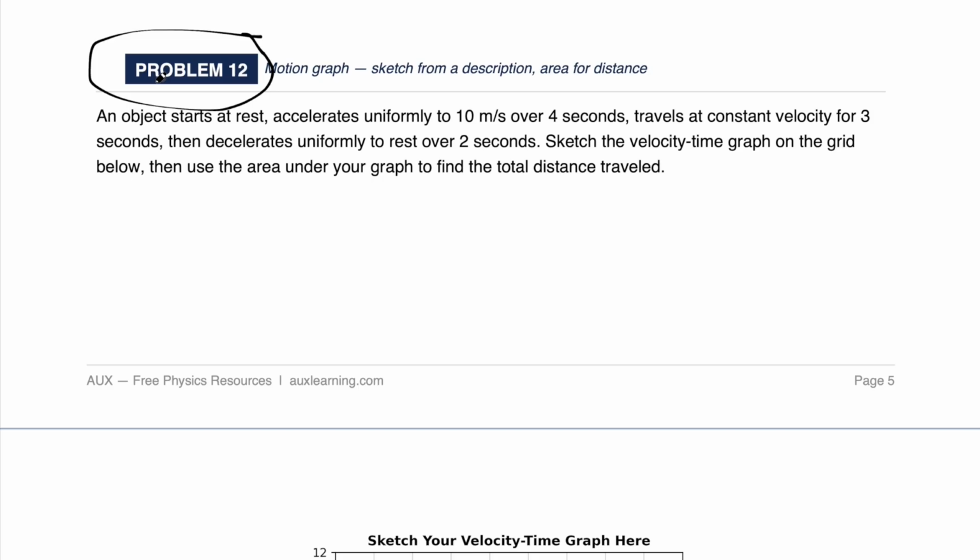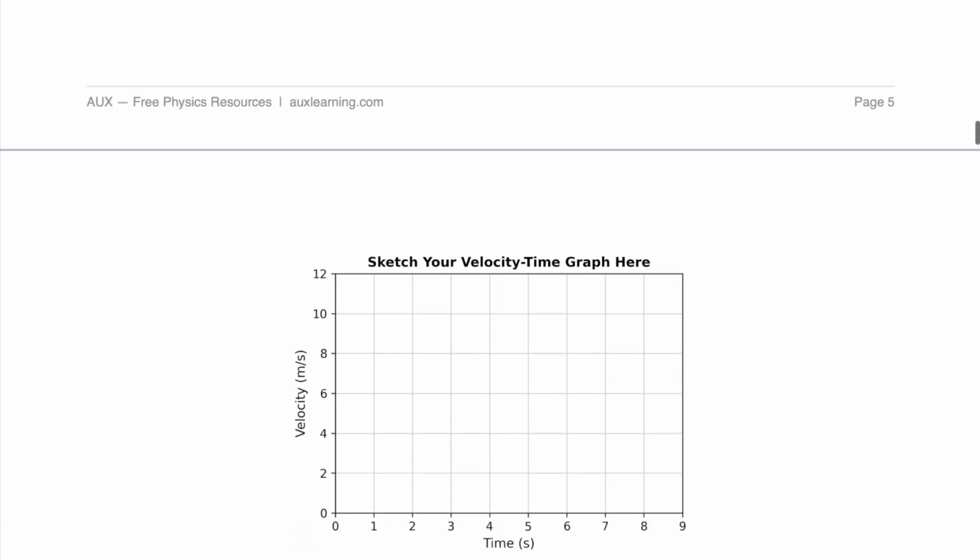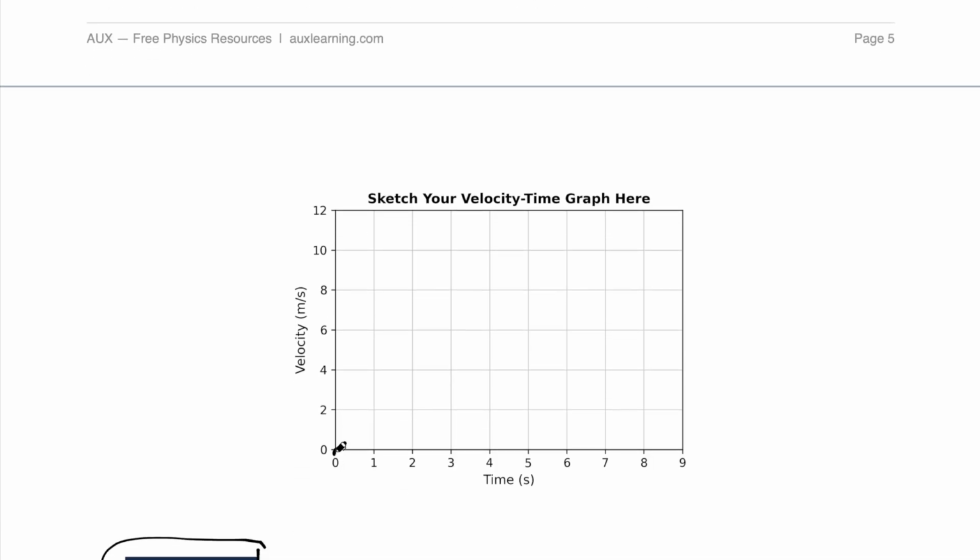Okay, so first let's sketch this part. An object starts at rest and accelerates uniformly to 10 meters per second over 4 seconds. So our object is going to start with velocity of 0 because it starts at rest. At 4, it's going to be at 10. Uniformly means it has a constant slope.